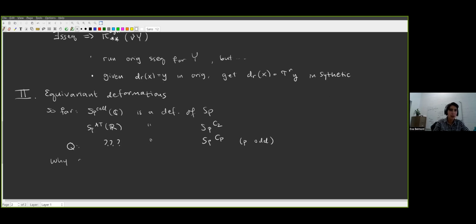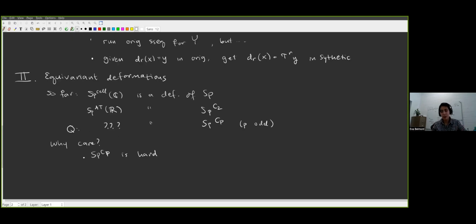I'll just briefly say why we should care about this. This is an interesting category, so this is hard. For example, you can compute the Steenrod algebra, and the Steenrod algebra is really complicated. The Steenrod dual is not flat over the cohomology of a point.